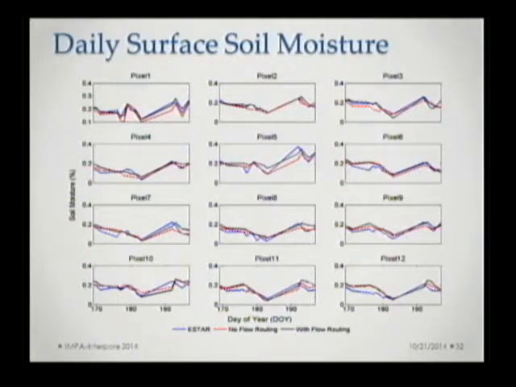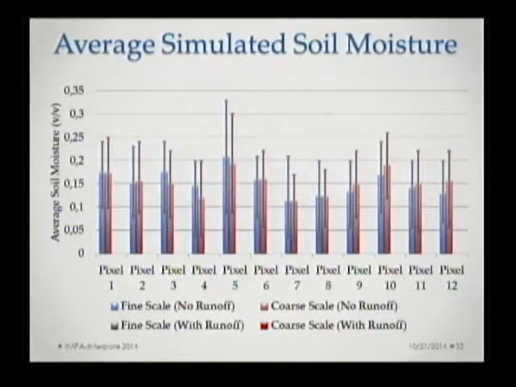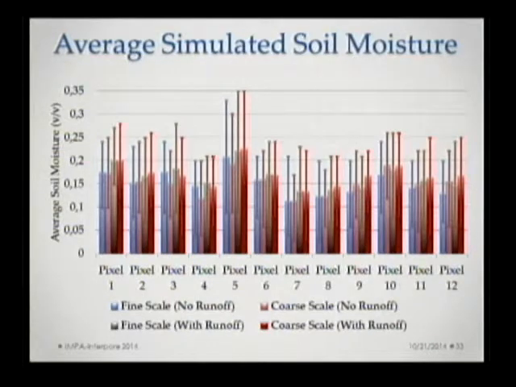So we got pretty good matches with all of them, generally. So again, front comparison, so would be fine scale with no flow routing and the coarse scale with no flow routing. So even without the flow routing, you have pretty good matches. And this is with the flow routing. So naturally, you can see that there's more soil moisture being captured with the flow routing.